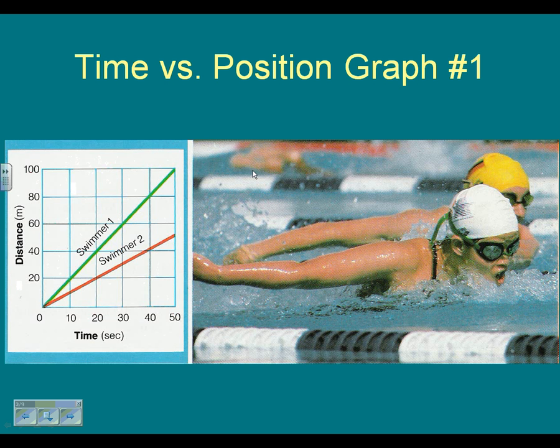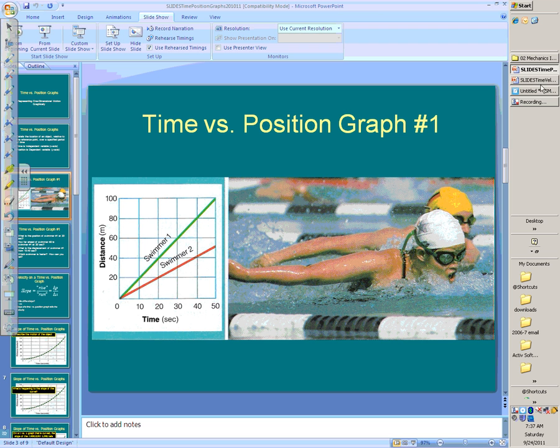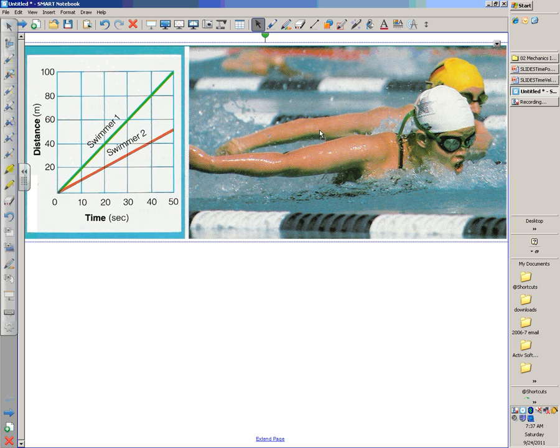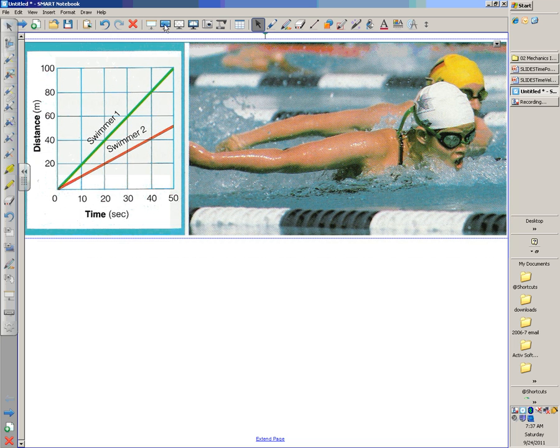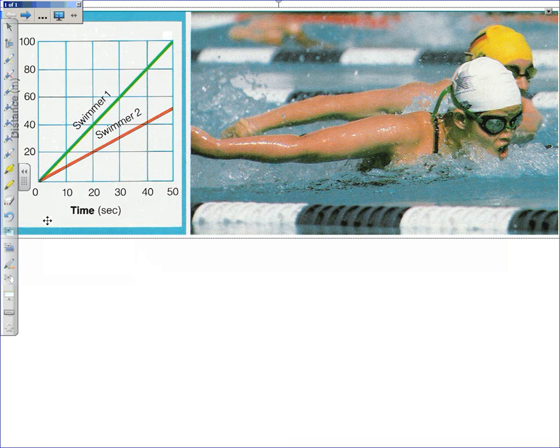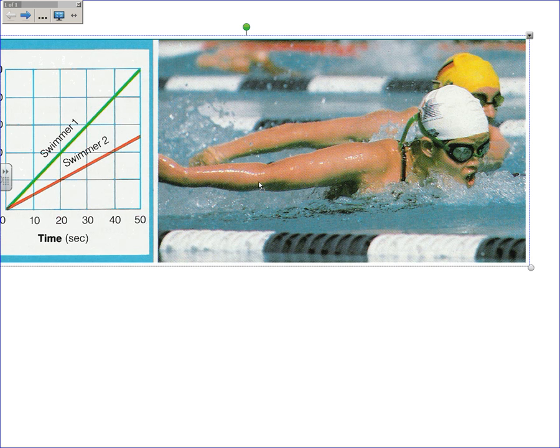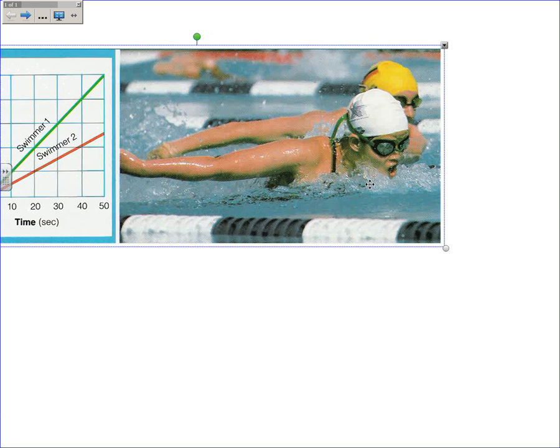But what I'm going to do is take this graph and this picture, pull it out of PowerPoint, and throw it into my notebook software. So the first thing we need to do is fix this graph. Hold on, some sizing issues.